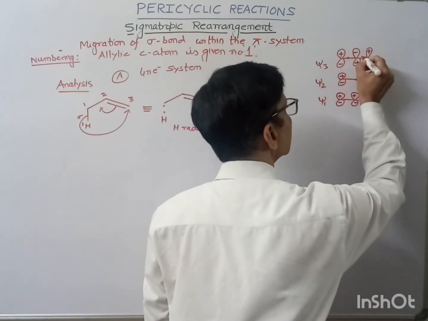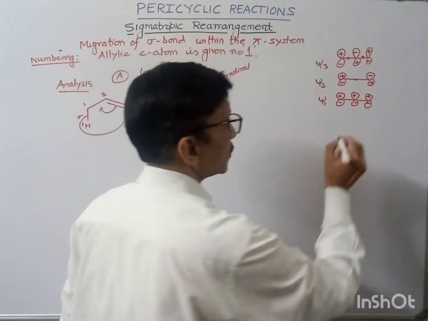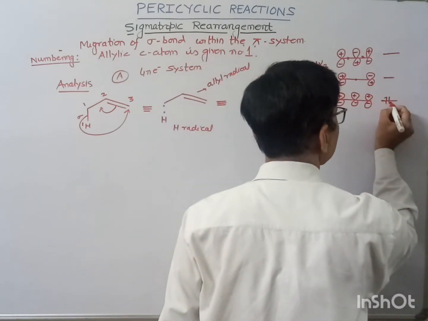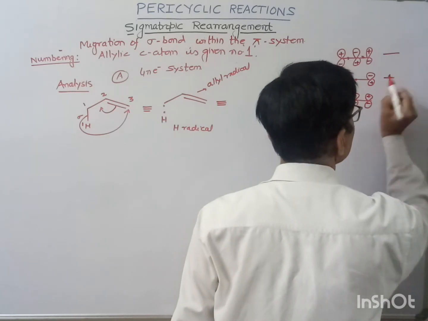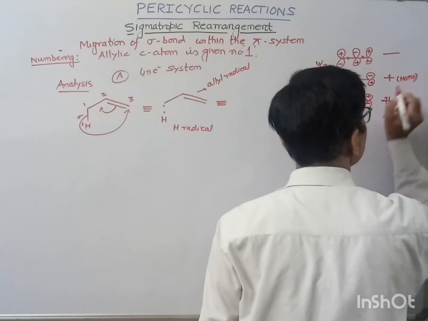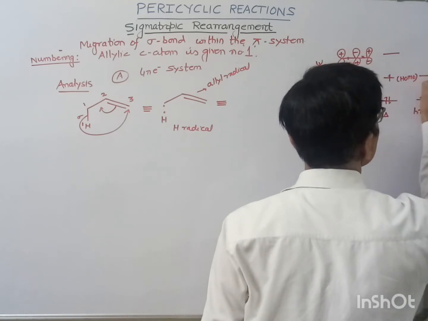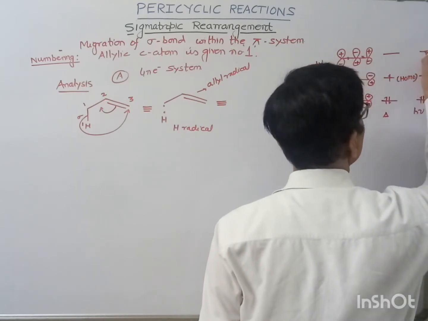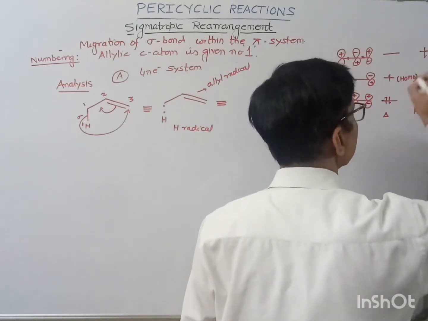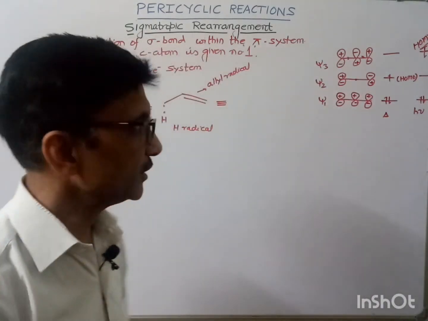Psi3 has 2 nodes, in between the carbon atoms. Because 3 electrons are present, 2 electrons are in psi1 and 1 electron in psi2 under thermal condition. So psi2 is our HOMO under thermal condition. What about under photochemical condition? Under photochemical condition, this electron gets excited and goes into psi3, so psi3 would be the HOMO under photochemical condition.